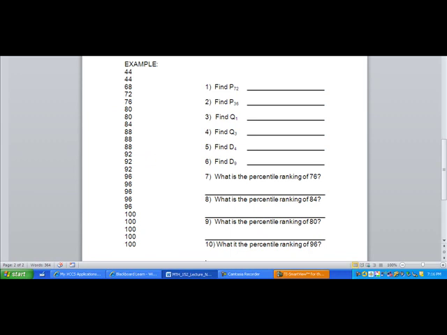We have a list of numbers, and let's see how many numbers we have. And I'm going to number these on the side, and you'll see why this will be useful in a moment.